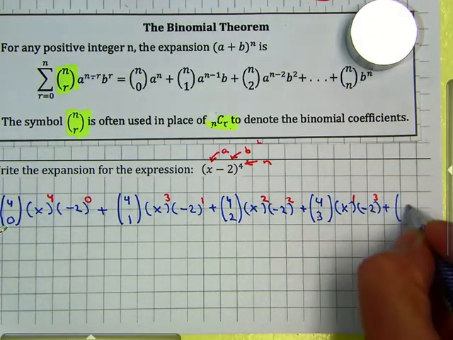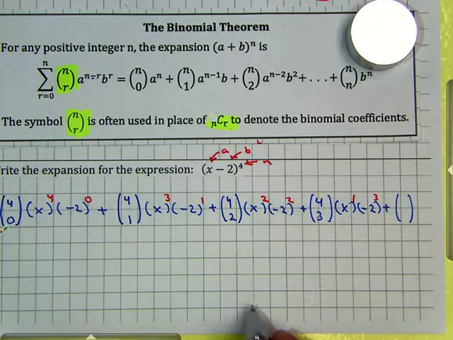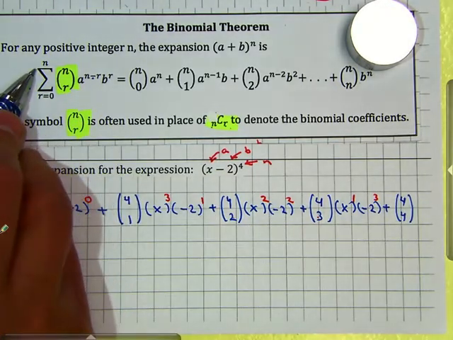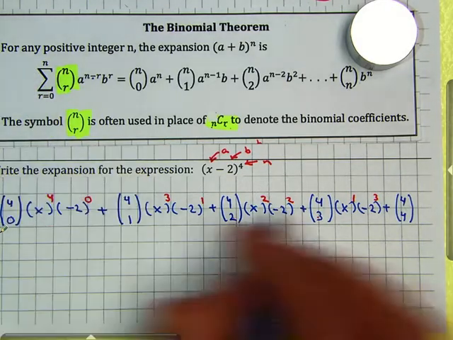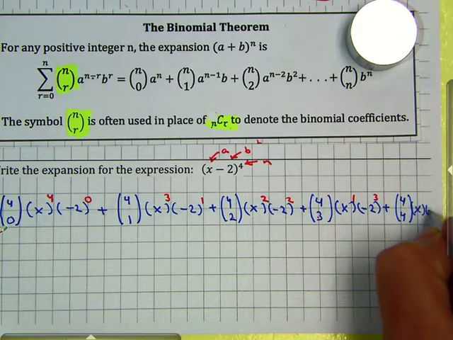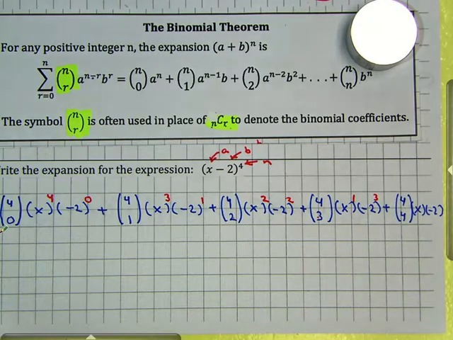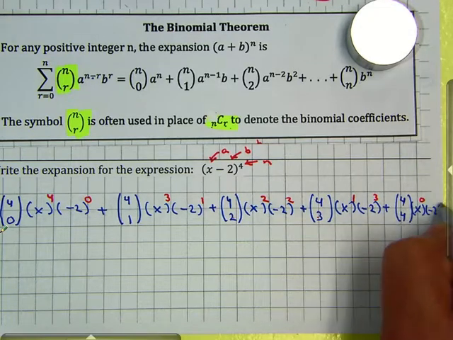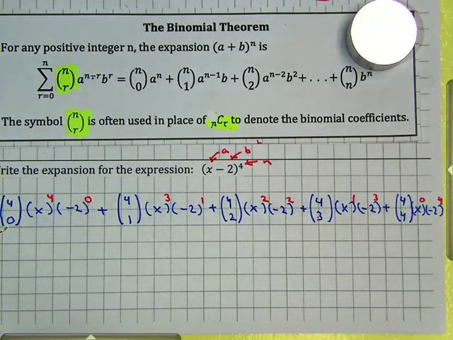Now my r is 4, so it'll be 4 choose 4, and that'll be the last one, all the way up to 4, all the way up to n, which happens to be 4. My a will be x, my b will be negative 2. So 4 minus 4 will be 0, and my exponent for the negative 2 will be 4.